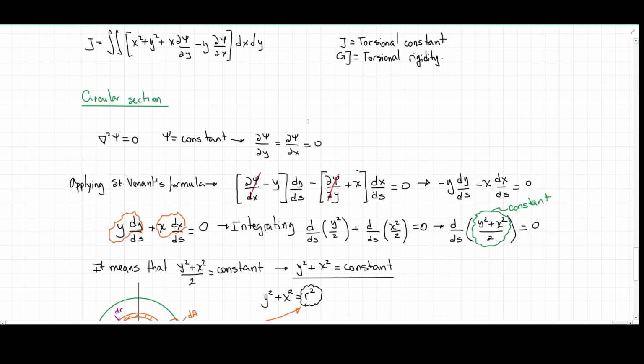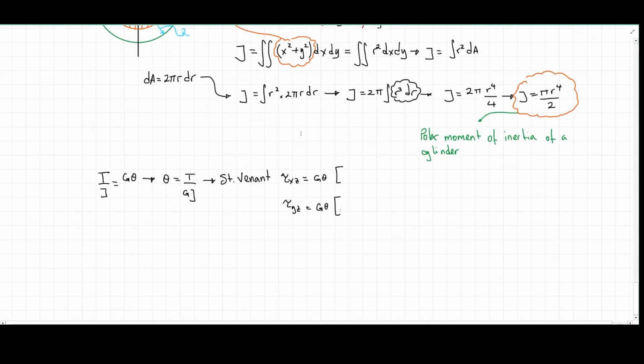So τxz is with minus y plus the partial derivative of this function with respect to x, and τyz is with x plus the partial derivative of psi with respect to y.